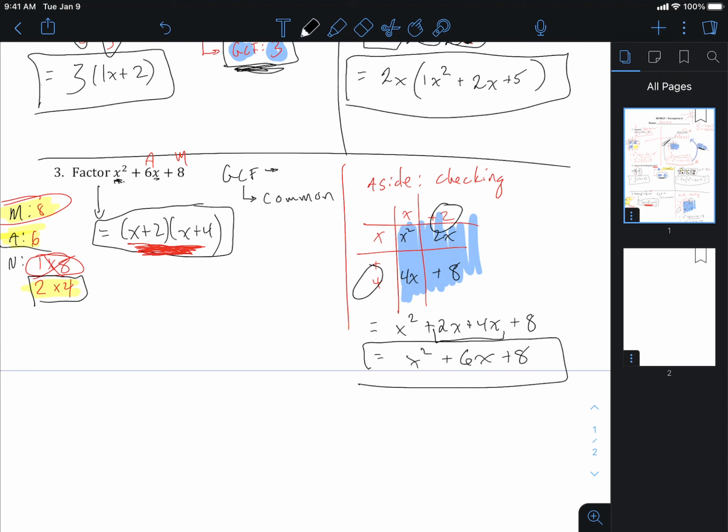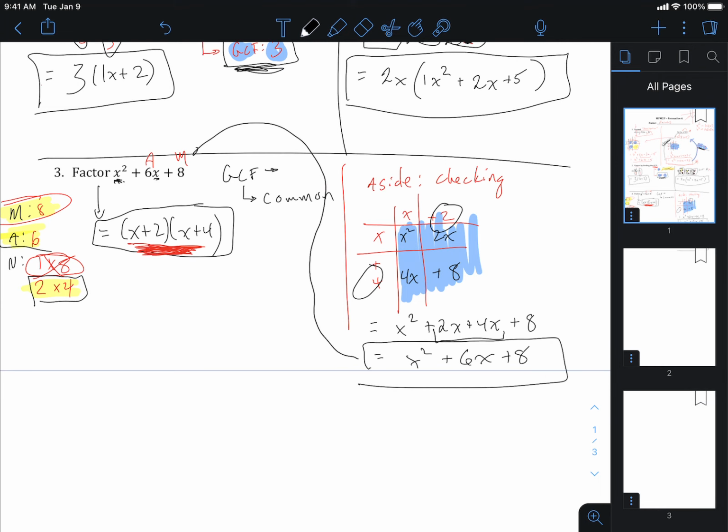Why does it look familiar? Because it's the original question, which means I've done this correctly. They're opposite processes. We're checking using expand. Factor is the opposite.